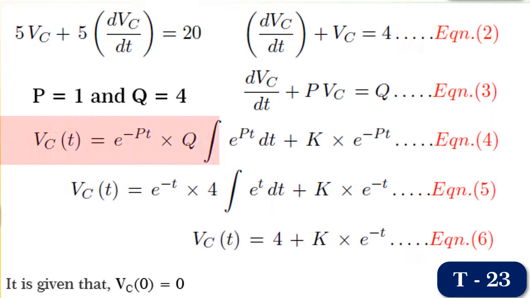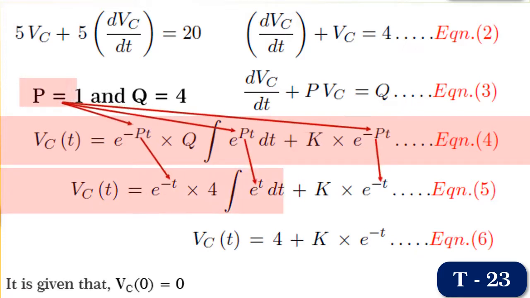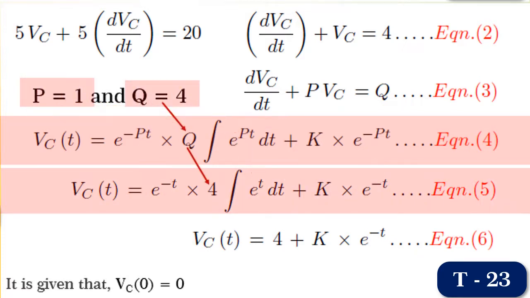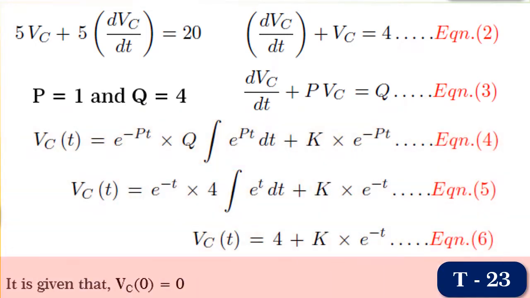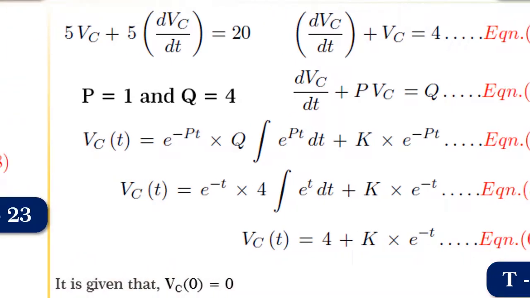Also, we know the solution for the first order ODE is equation 4. By substituting the values of P and Q and solving it, we get Vc of t is equal to 4 plus k into e to the power of minus t. Let it be equation 6. It is given that Vc0 is equal to 0 at time t is equal to 0.